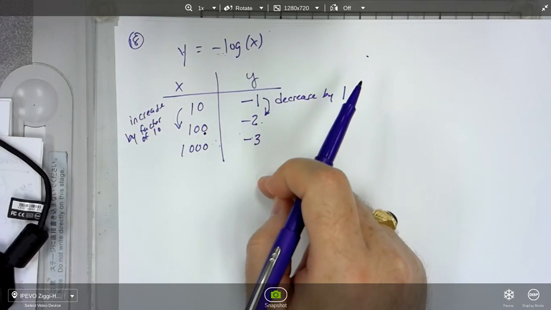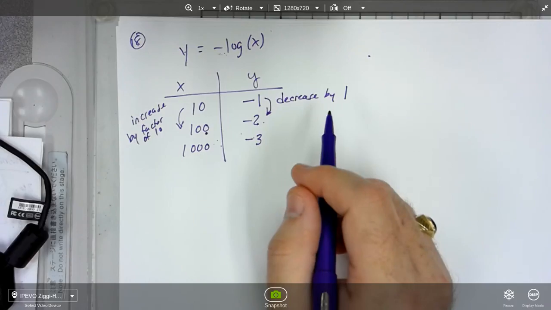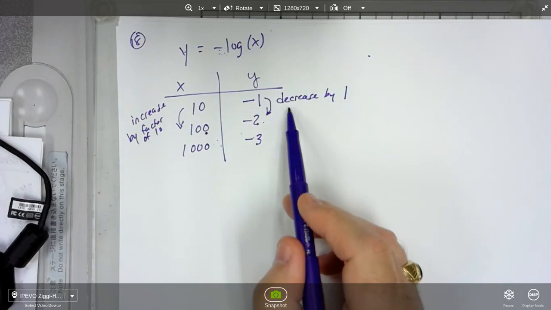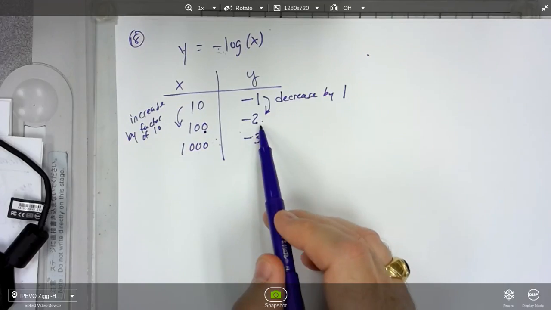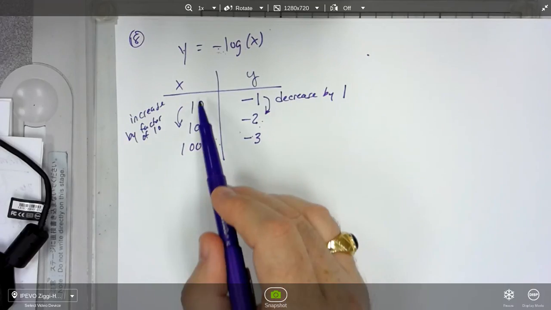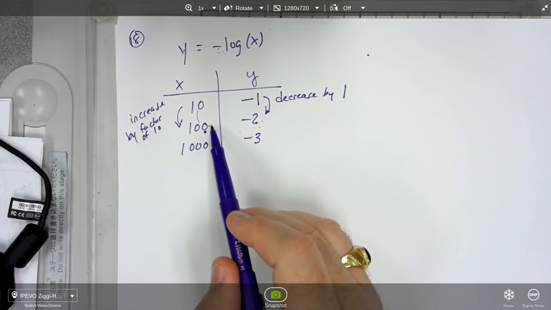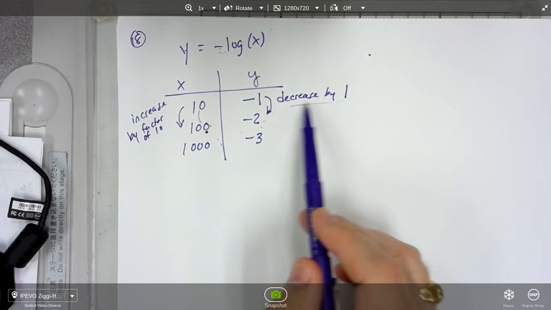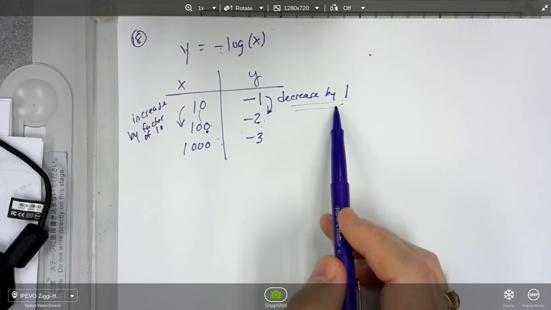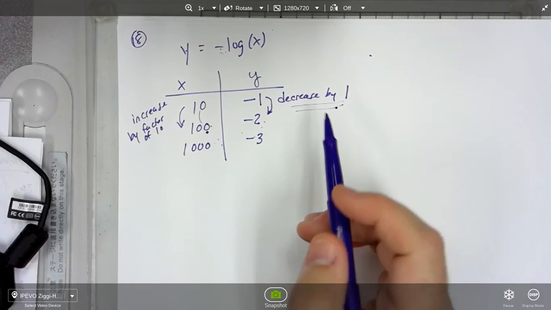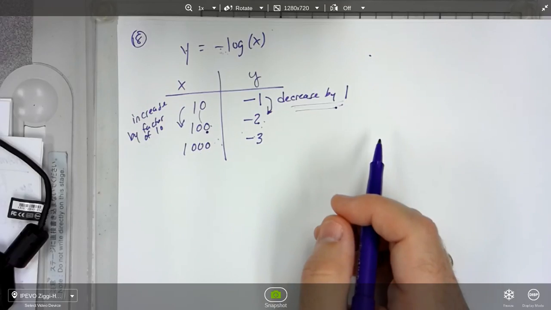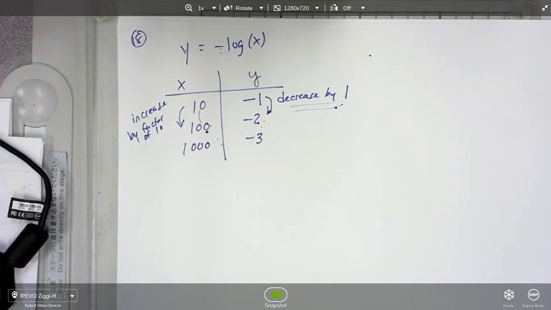Okay. If it was positive, would I do the same thing? If it were positive here, then you have an issue. That should say increases by 1. Then this increases by a factor of 10. Do you see what I'm saying? But that negative is what's causing that decrease by 1. Okay. So it's actually going the opposite direction, which is kind of wild. But it's because your negative sign flips that log function over.